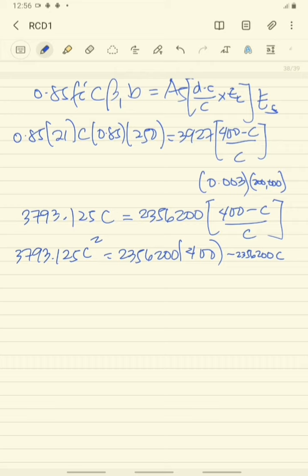You can simplify this, and this is in the form of a quadratic equation.